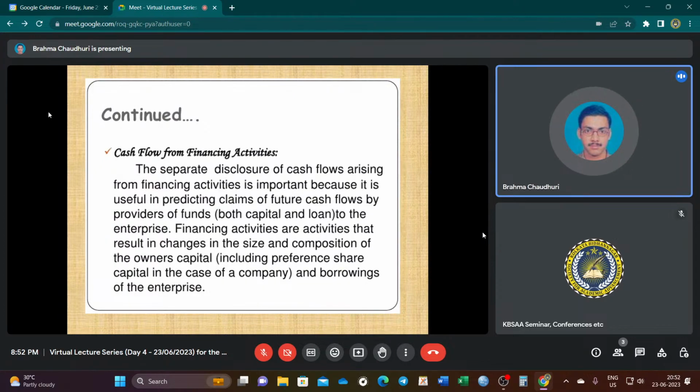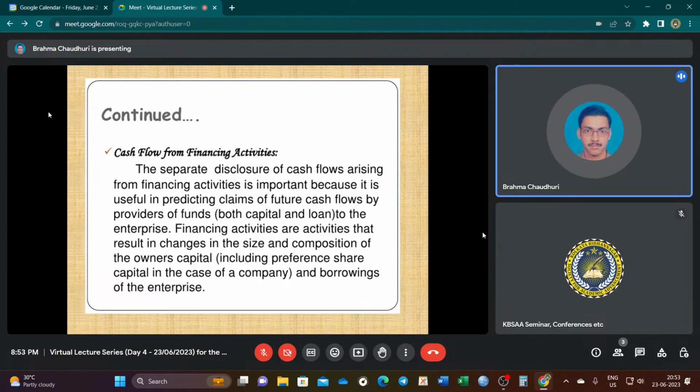Now we will discuss the cash flow from financing activities. Cash flow which arises from financing activities can be easily ascertained by looking at the liability side of the balance sheet.